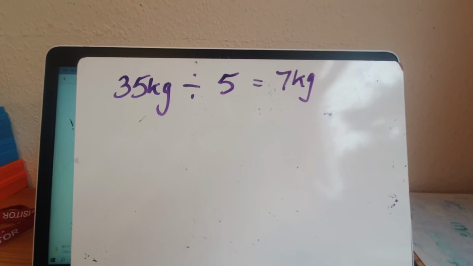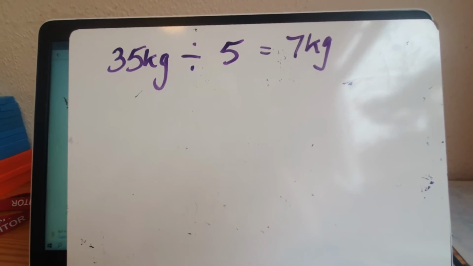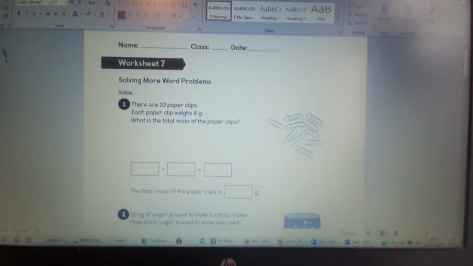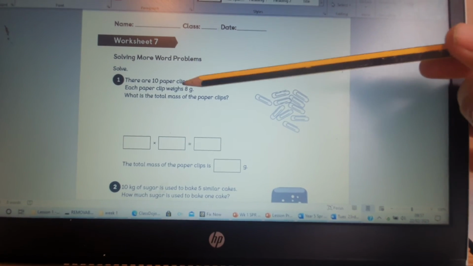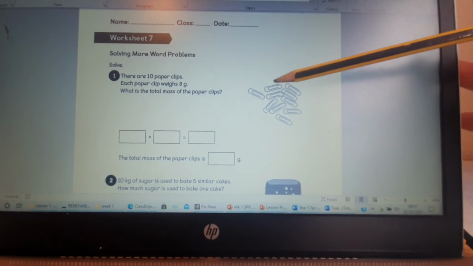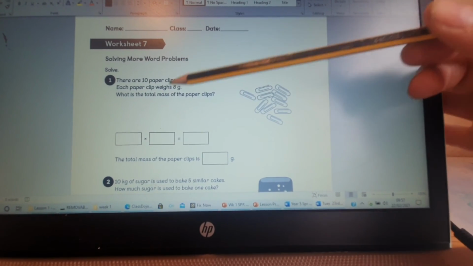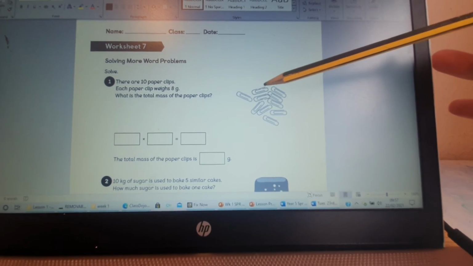Okay, so just some methods there for division and multiplication, and I will now show you some of the worksheets. Question 1. There are 10 paper clips. Each paper clip weighs 8 grams. What is the total mass, how much it weighs, of the paper clips?